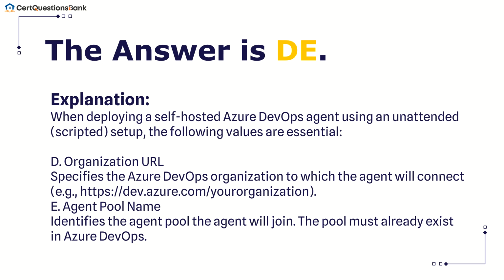Specifies the Azure DevOps organization to which the agent will connect, e.g., https://dev.azure.com/yourorganization. E. Agent pool name. Identifies the agent pool the agent will join. The pool must already exist in Azure DevOps.